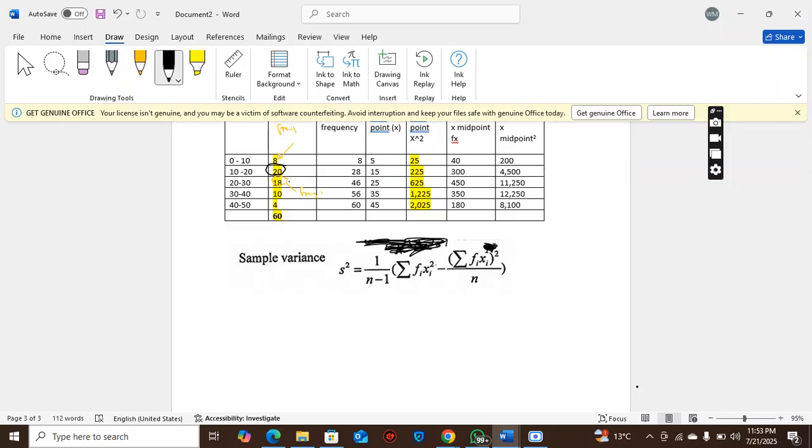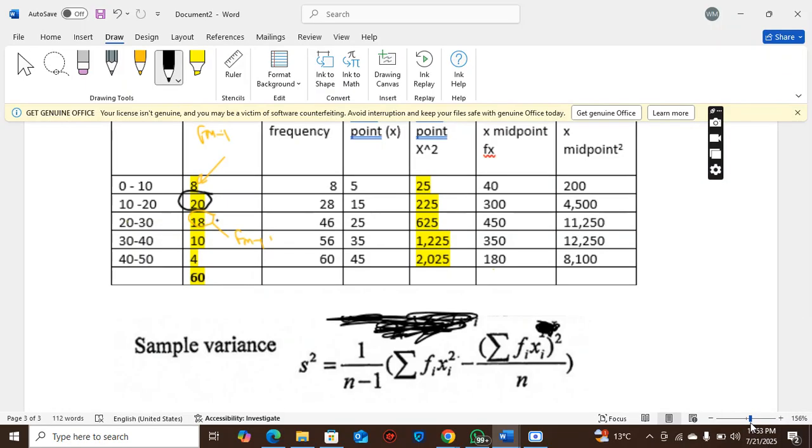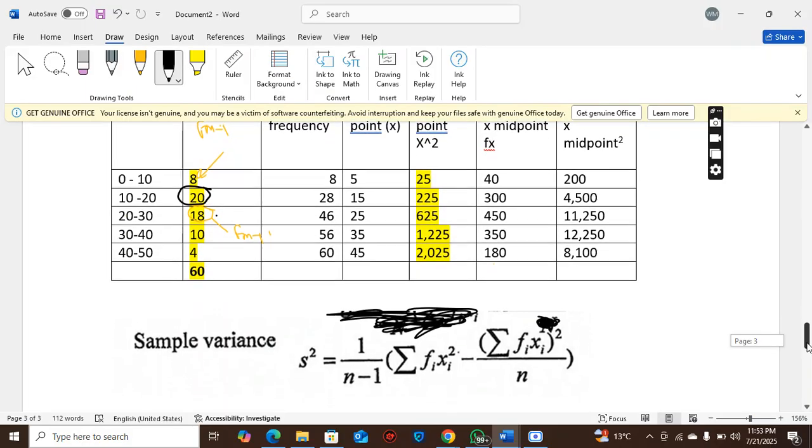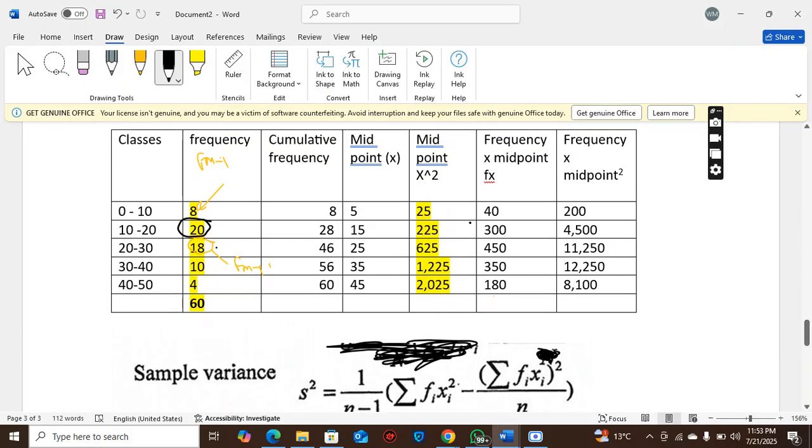Oh, we continue? Okay. So here in this formula, summation of f times x squared. So this column here, frequency times midpoint squared.